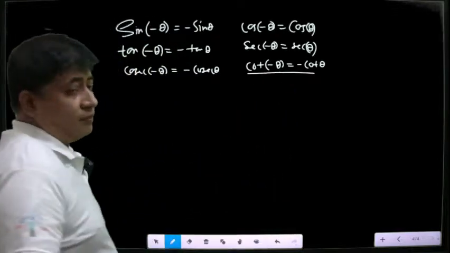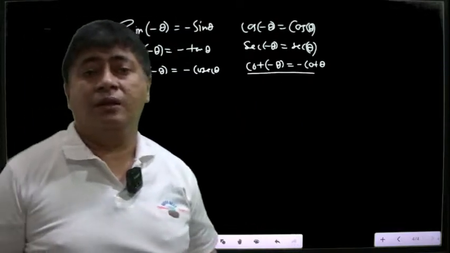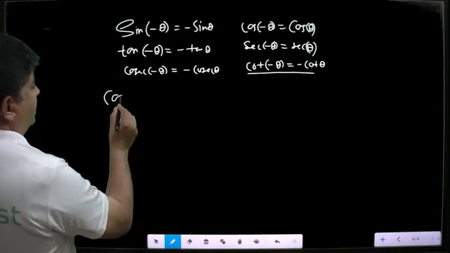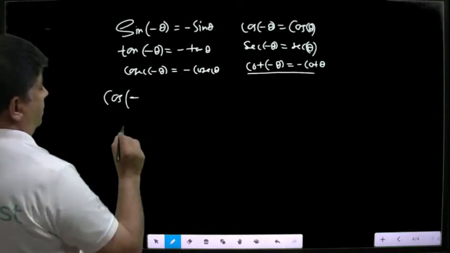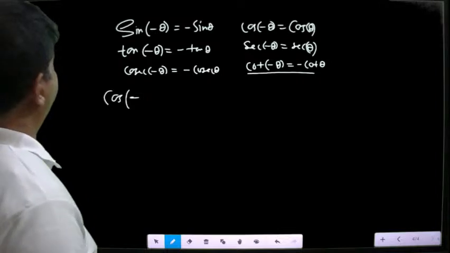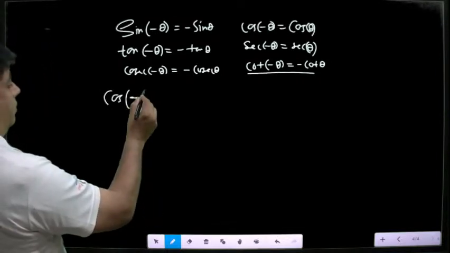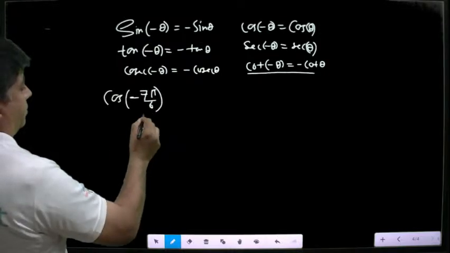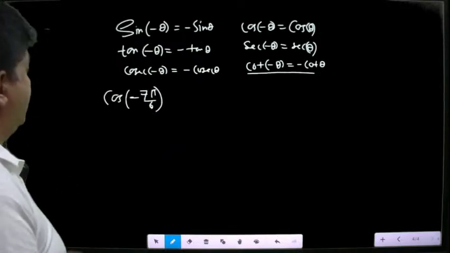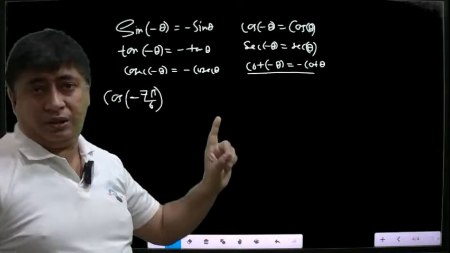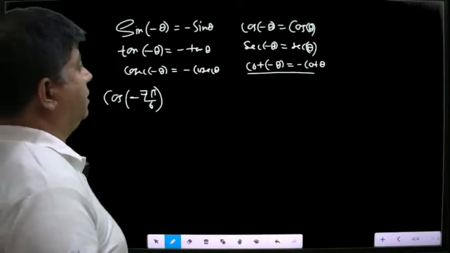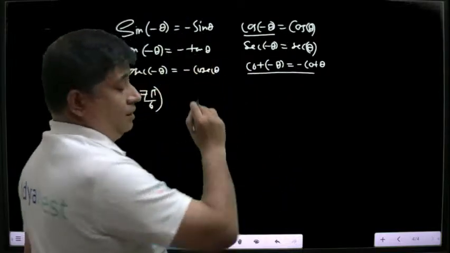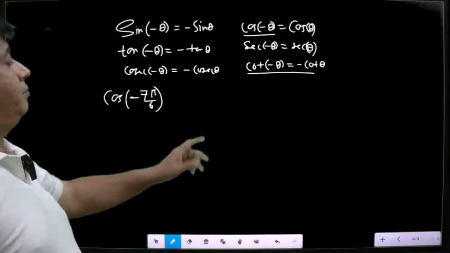Okay, now suppose you have got one sum of this type: cos of minus 7 pi by 6. So what will be our role in this case? We will see what is going to happen with the minus sign inside the angle.